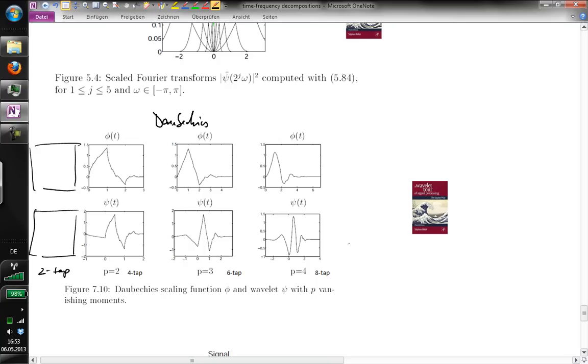So on the top is the scaling function, which for the Haar wavelet is just the box. And down here is the wavelet, which for the Haar wavelet is this. And p equals 1 means that any function which is piecewise constant, you can conveniently approximate in terms of such a Haar wavelet.